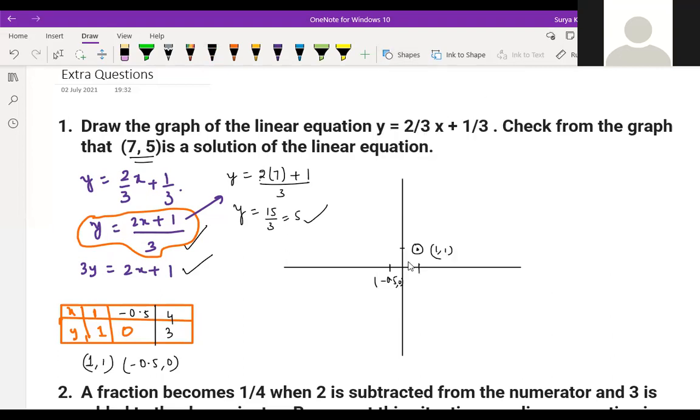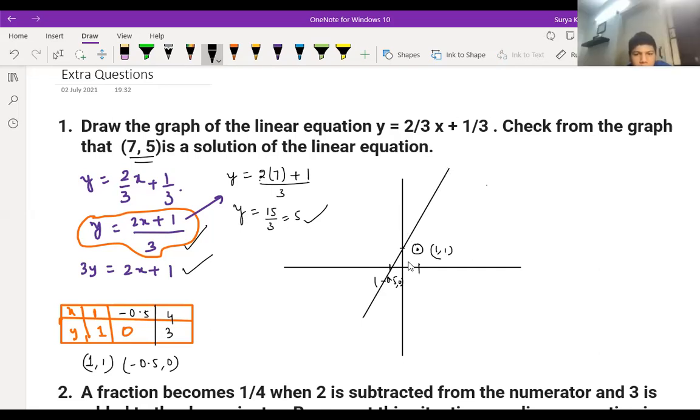It looks almost like this only, right? Yes, sir. But can it pass through the point, right?